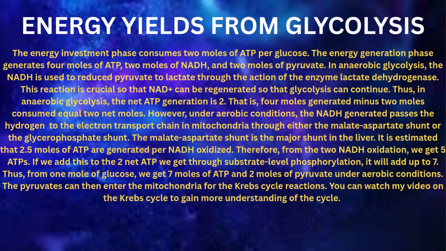Therefore, from the 2 NADH oxidation, we get 5 ATPs. If we add this to the 2 net ATP we get through substrate-level phosphorylation, it will add up to 7. Thus, from 1 mole of glucose, we get 7 moles of ATP and 2 moles of pyruvate under aerobic conditions. The pyruvates can then enter the mitochondria for the Krebs cycle reactions.